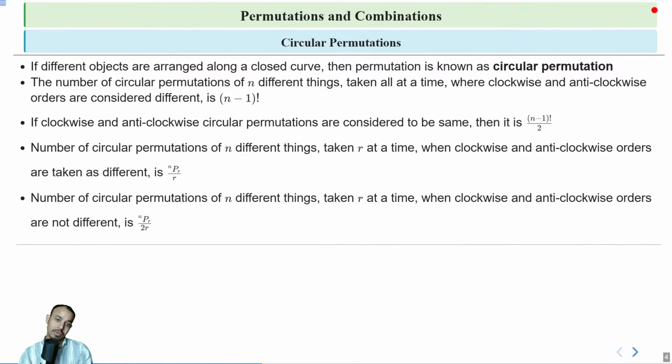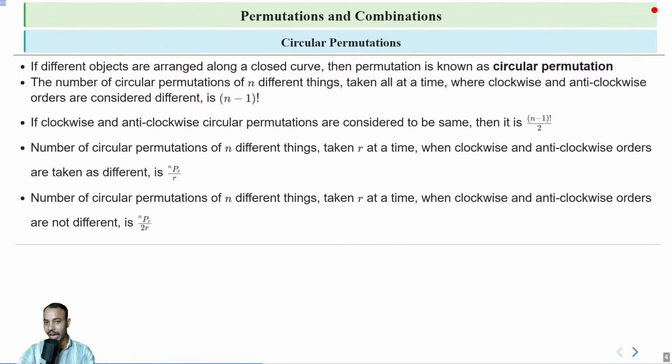Next, when clockwise and anti-clockwise orders are considered the same, we have to find the number of circular permutations of n different things taken r at a time. Clear?